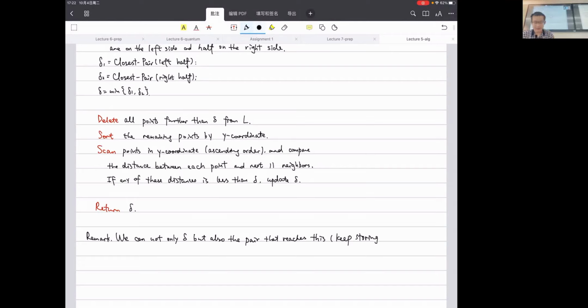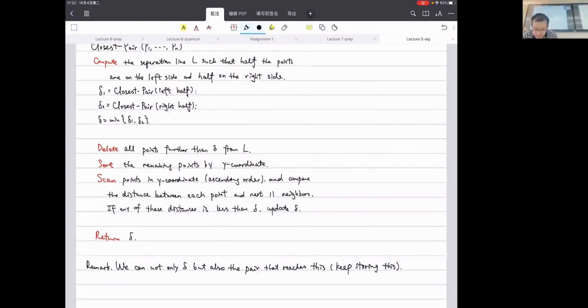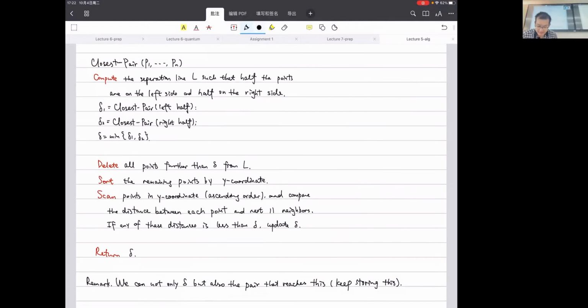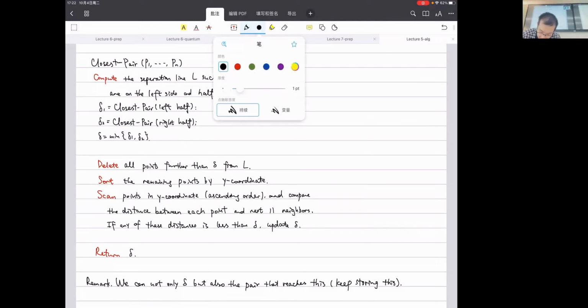Each time you refresh your register, you also refresh the corresponding pair. This is just a very standard trick. As long as the algorithm works correctly, you can update the delta here. So this is basically the closest pair algorithm, and let's take a look at the cost of this algorithm.